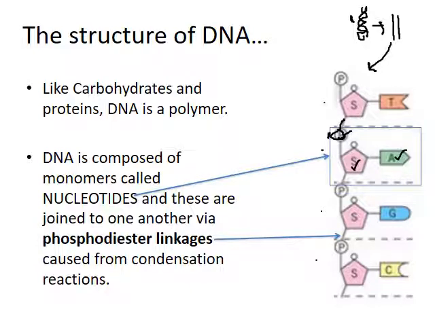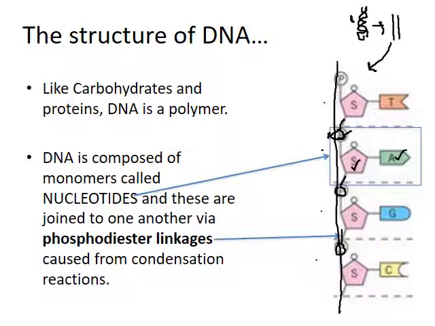And then as we go down, we always join sugar to phosphate, back to sugar, back to phosphate, and what we call this line going all the way down is a sugar phosphate backbone. So it's like the backbone of the molecule made of sugar phosphate bonds.